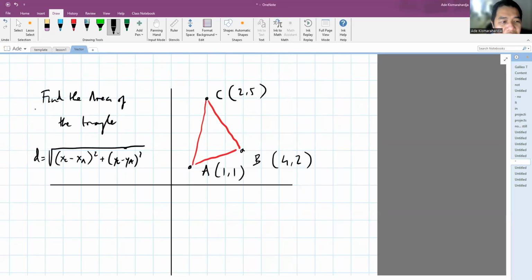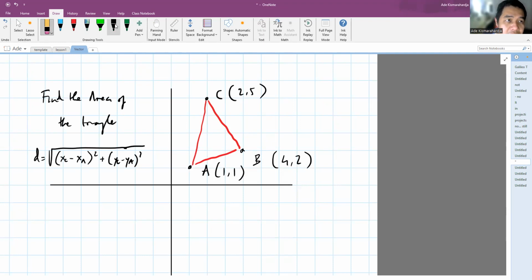And then after you get that distance, you get the other distances, from A to B and then from B to C. And then after that, if you remember, there is a formula to find the area when you have the length of the sides. That's fine.